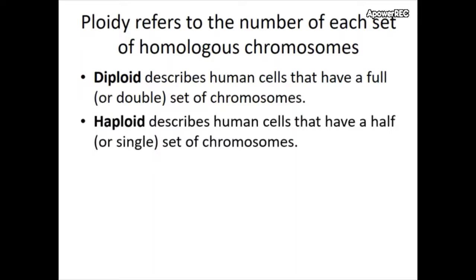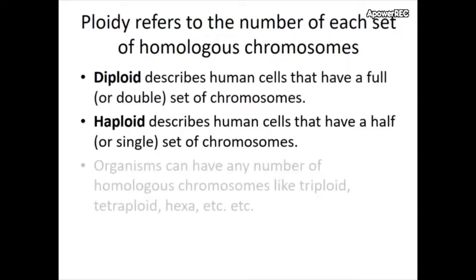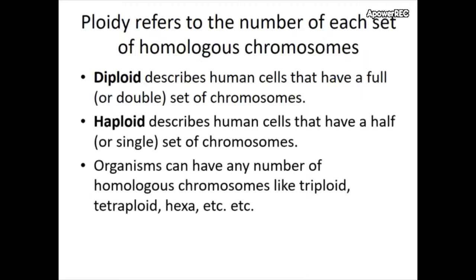And because a normal full set is diploid, they refer to a human cell that only has a single set as haploid, which means half, or a single set of chromosomes. And in the context of other organisms, organisms can have any number of homologous chromosome sets. They can be triploid, tetraploid, hexaploid, etc.